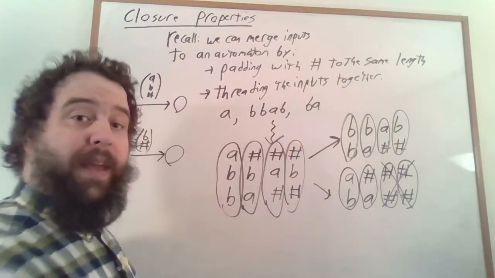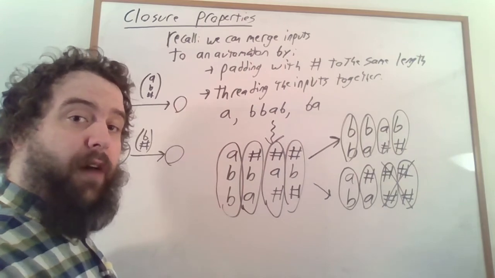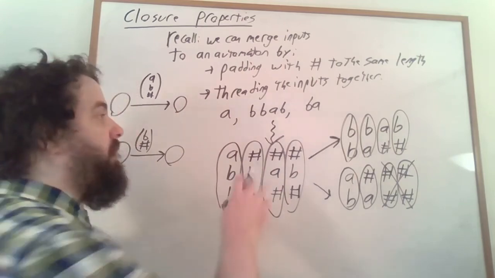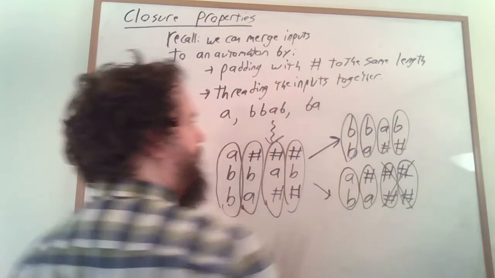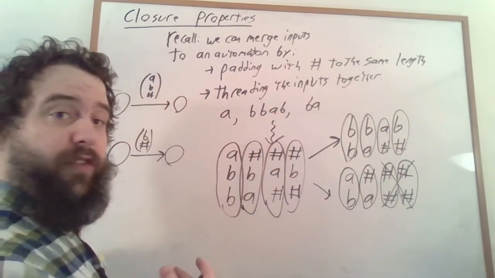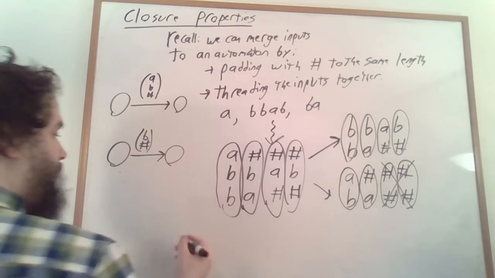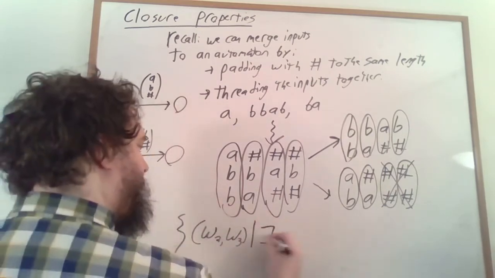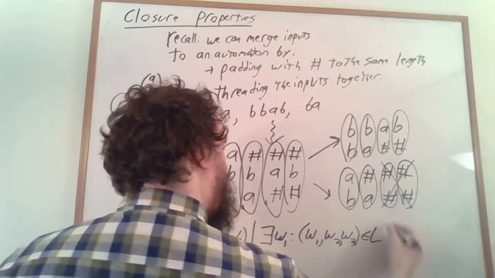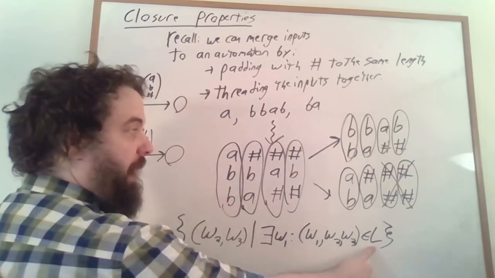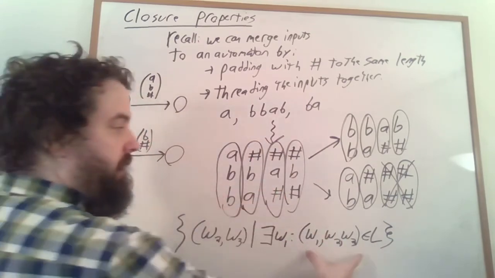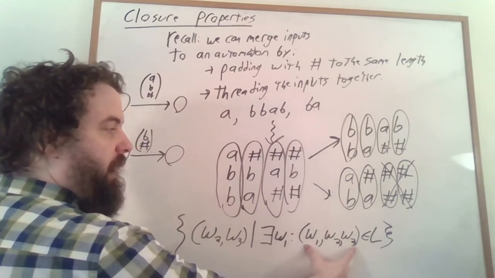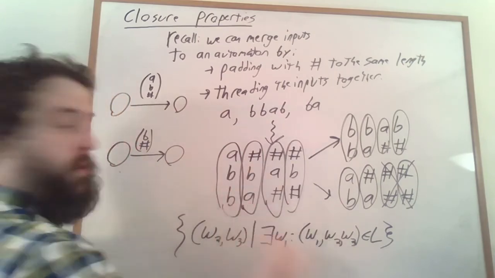So why do we care about this particular type of projection? Well, let's talk about this first projection operation. This first projection operation corresponds to taking a language L that is going to be on this more complicated alphabet, so we can think of it as consisting of not just individual words, but triples of words, right?